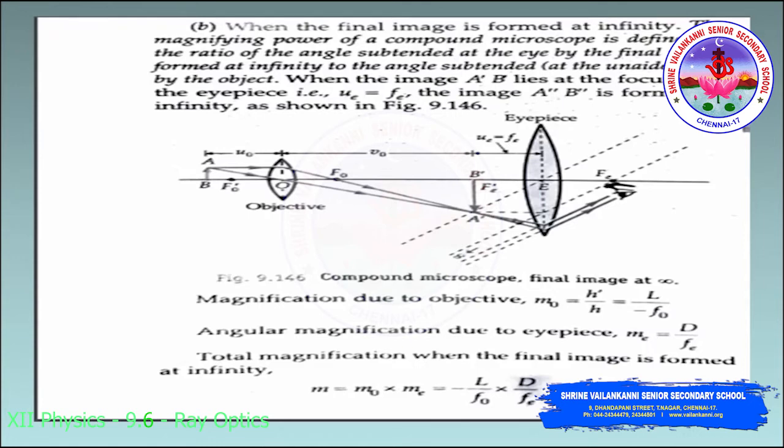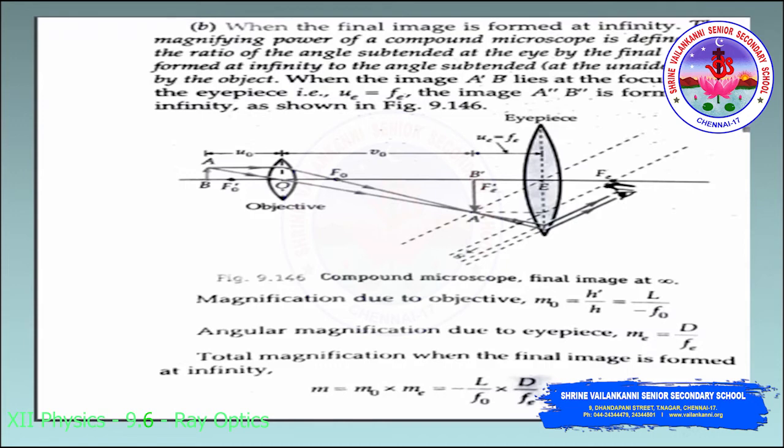The final image A''B'' is formed at infinity. The magnification due to the objective, M0, is equal to h'/h, which is equal to L by minus F0, where L is the tube length. The angular magnification due to the eyepiece, ME, is equal to D by FE.